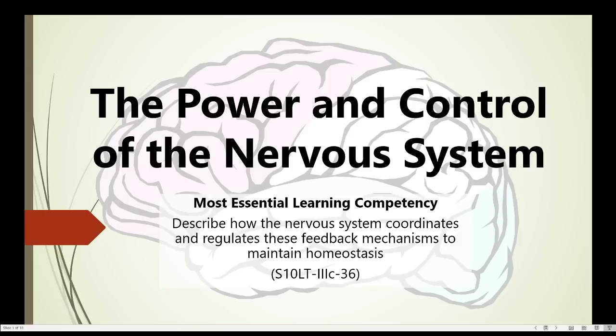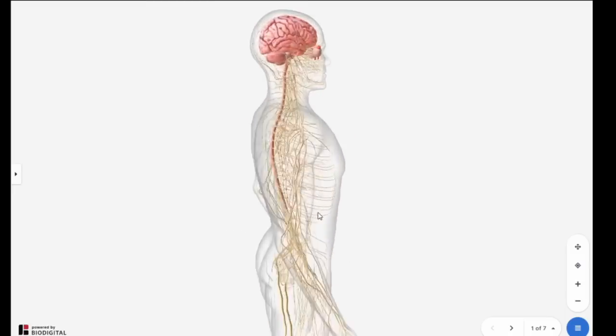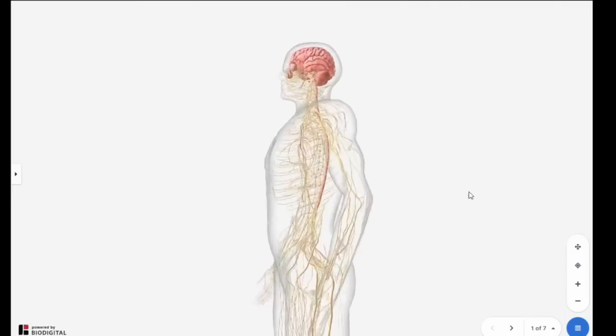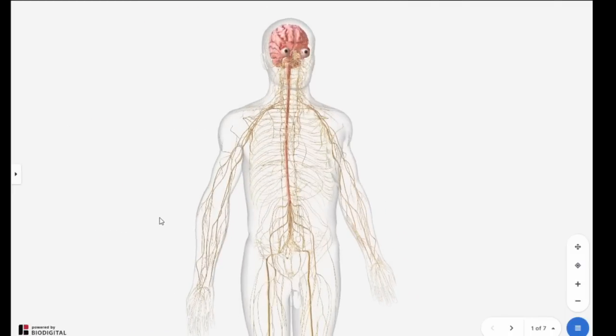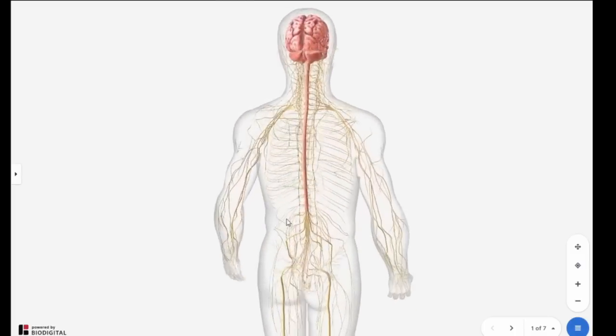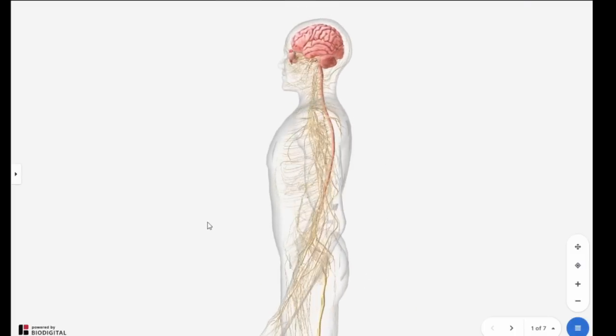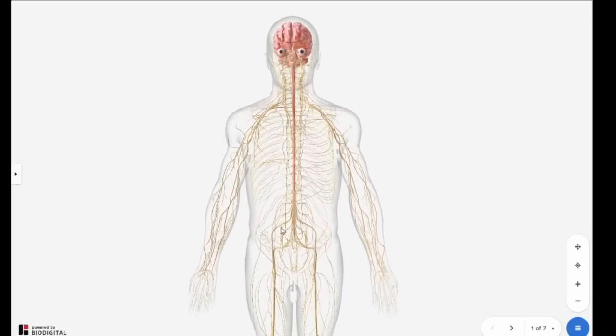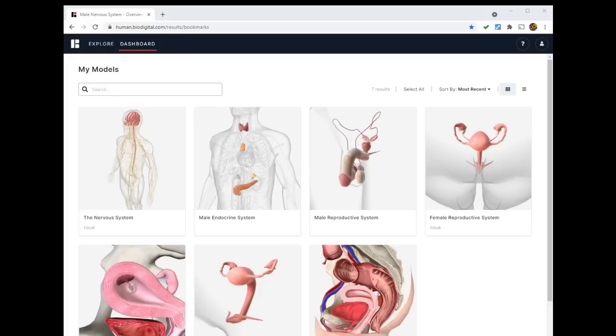In the first two modules that we have discussed in the two previous video lessons, we have already mentioned the term homeostasis, and we know that homeostasis translates to equilibrium or balance. So for us to better understand how the nervous system works and also what are the different parts, divisions, and subdivisions of this system, we will be using this website called Biodigital.